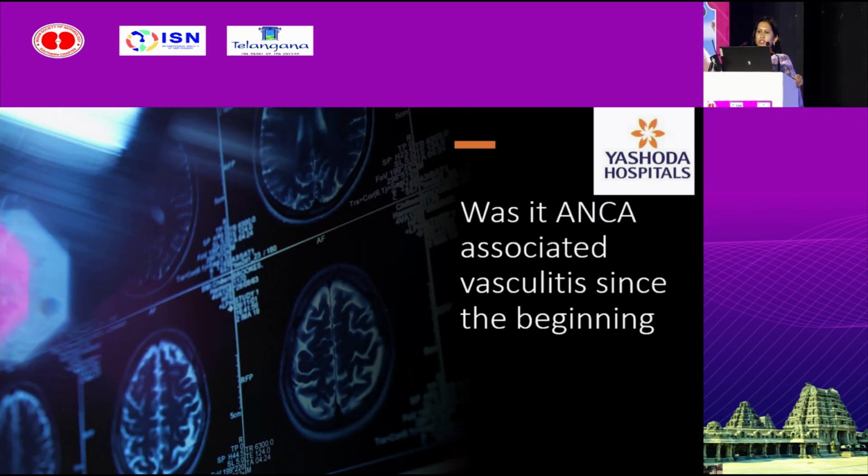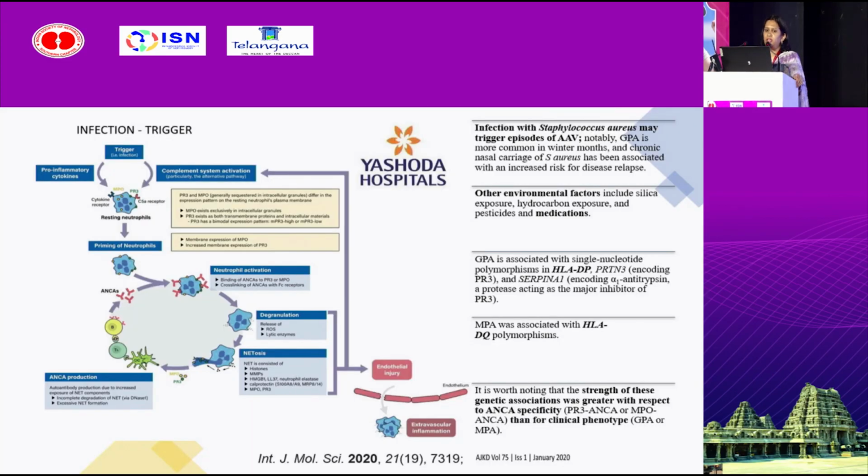The question is, was it ANCA associated since the beginning? Possibly. But if you see the pathogenesis of ANCA associated vasculitis, infection can be a trigger. So in this case, it probably started with infection, and that has triggered her, possibly because she has a genetic background which is associated with ANCA vasculitis.